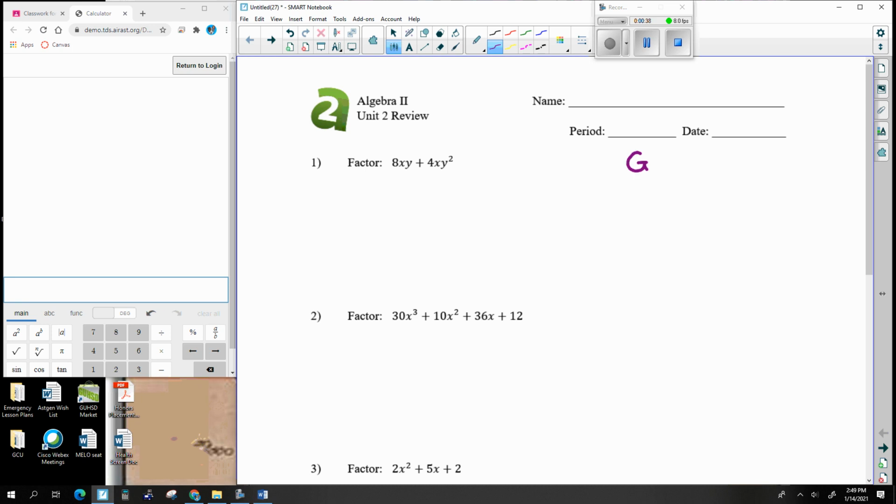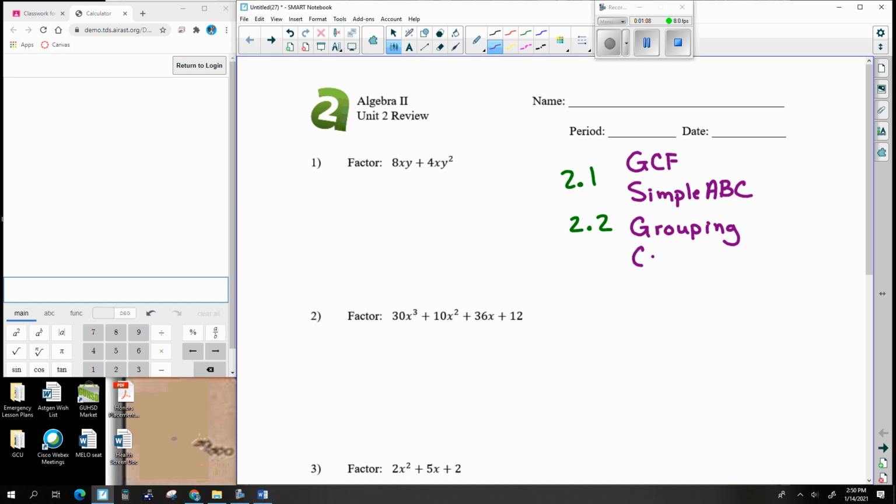For GCF and simple ABC, those are in the 2.1 video. For grouping, with a little bit of squares, that is 2.2.